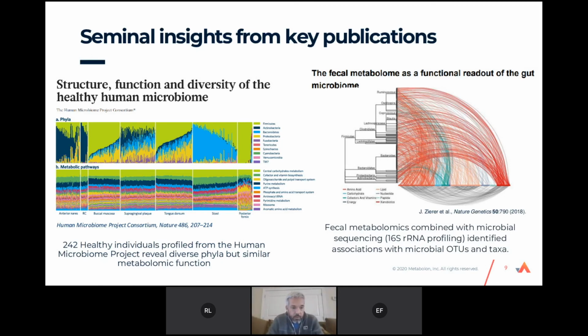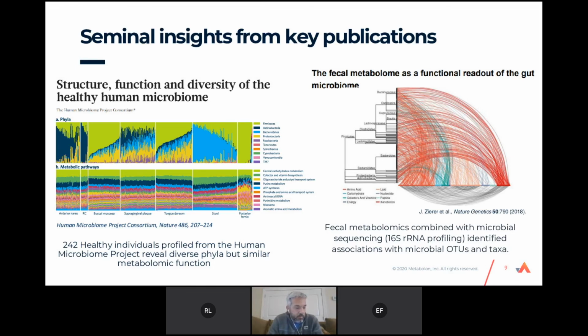The bottom row here is the metabolic pathways with all the different classes of metabolites. And this was done by the Human Microbiome Project Consortium. It was found that 242 healthy individuals profiled from that Human Microbiome Project actually revealed diverse phyla, right? You can see from that top row that there's quite a bit of diversity. However, the metabolomic function is pretty similar.